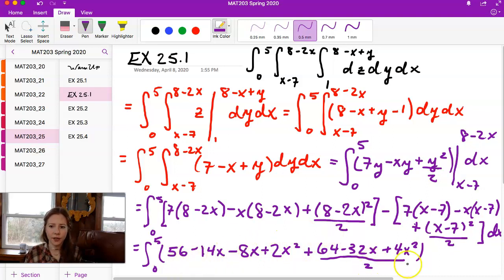And so then we're going to have to subtract off 7x minus 49. And I'm going to continue down here. Minus x squared plus 7x plus x squared minus 14x plus 49 over 2.